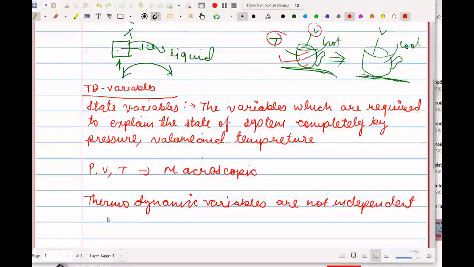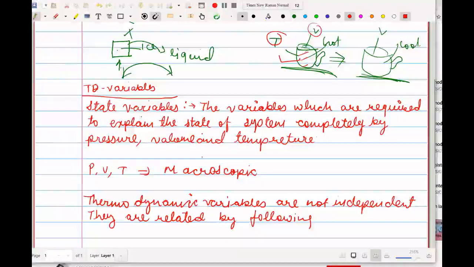They are related by the following equation.